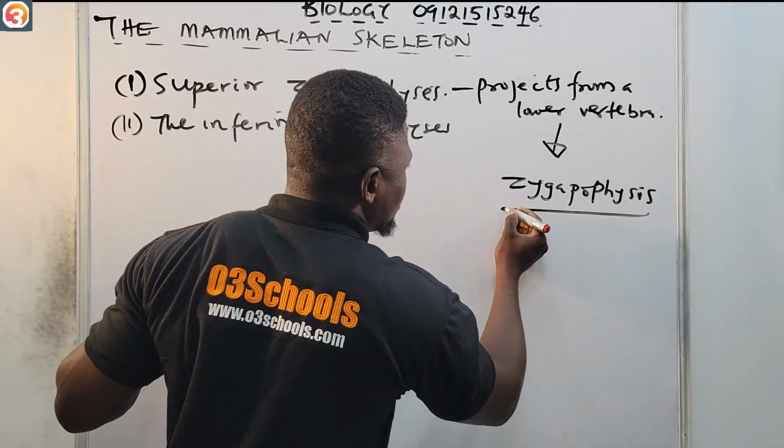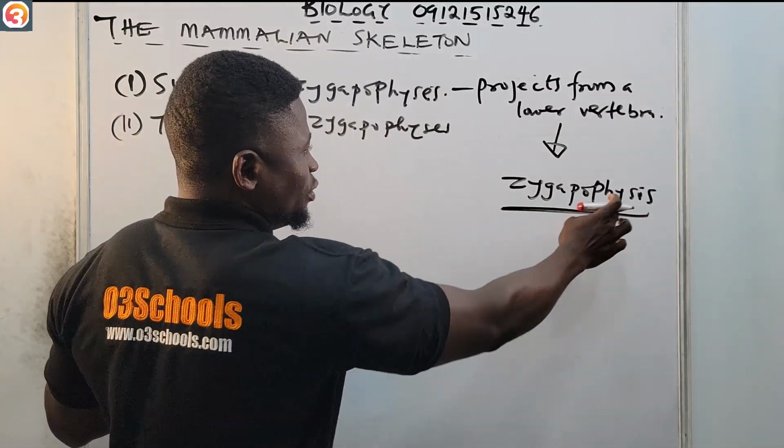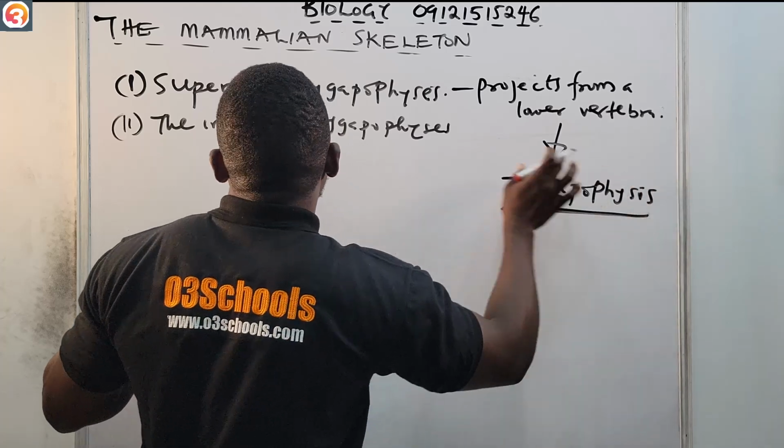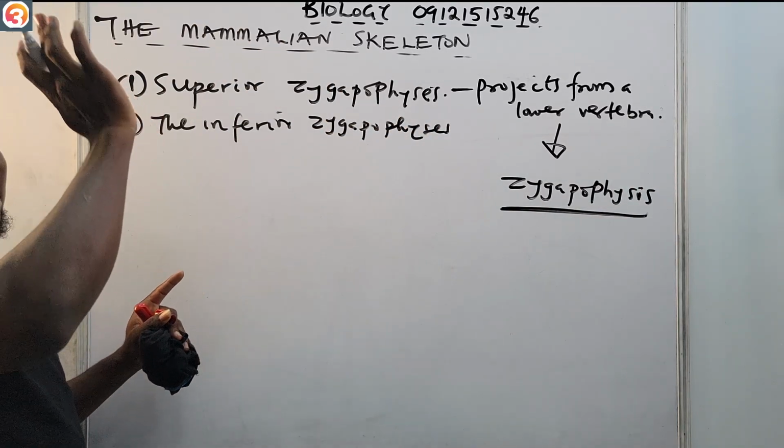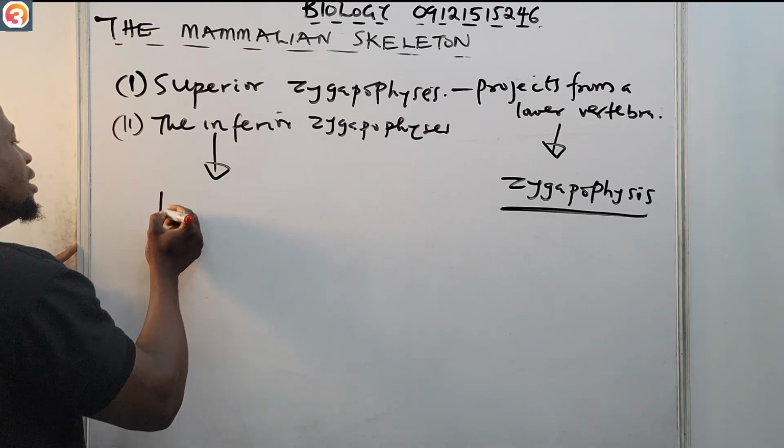It is also known as the prezygapophysis, with an I, SIS. Then this inferior one projects downward from a higher vertebra.